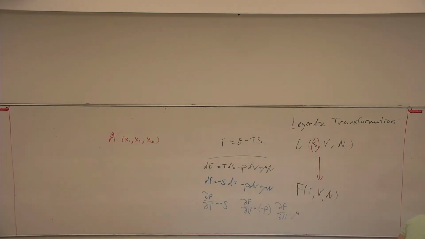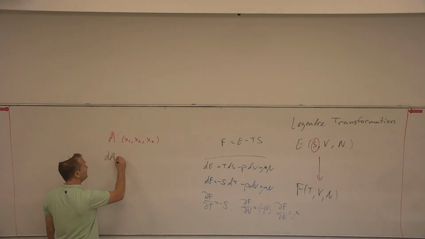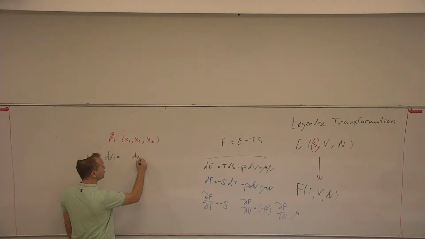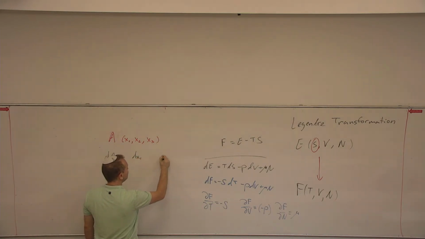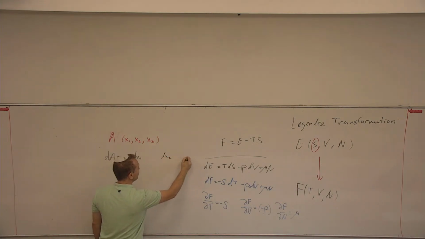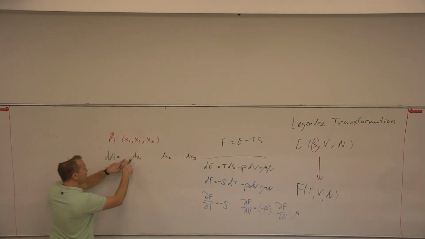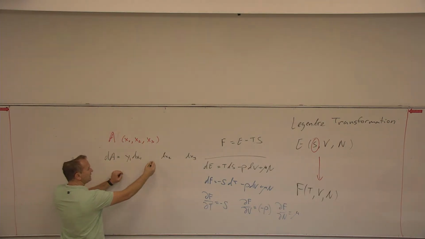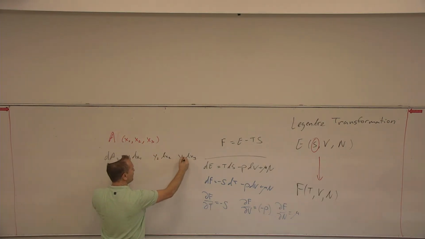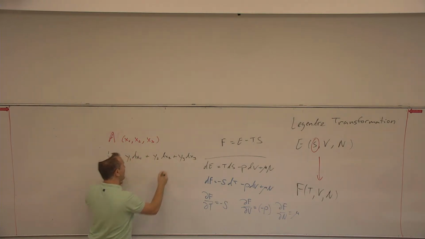And how do you find those variables? So first of all, you write down dA as dx1 plus dx2 plus dx3. In front of those, you have y1, y2, and y3. Okay. So write down your differential.